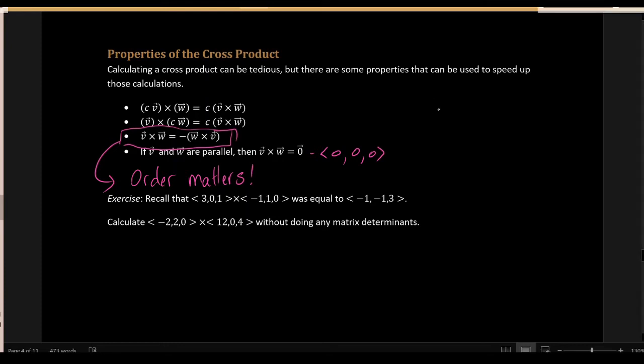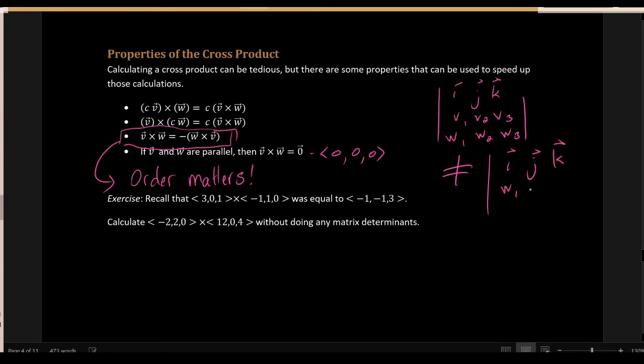If you take the product with v in the lead, with the entries of v in the second row, and the entries of w in the third row, you're generally not going to get the same thing as if you took the product with w in the lead and swapped the order, where w is in the second row and v is in the third.